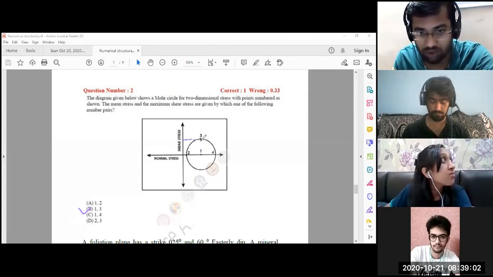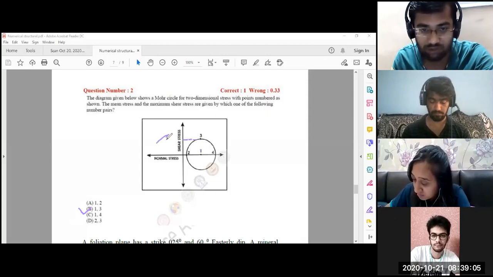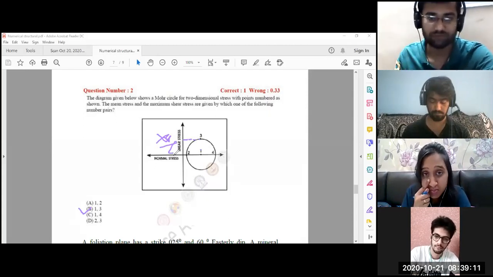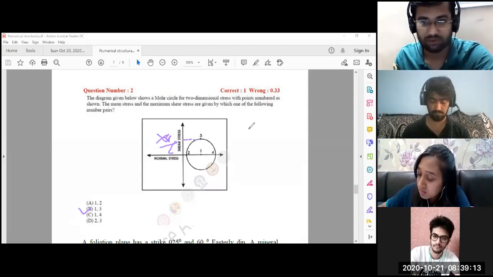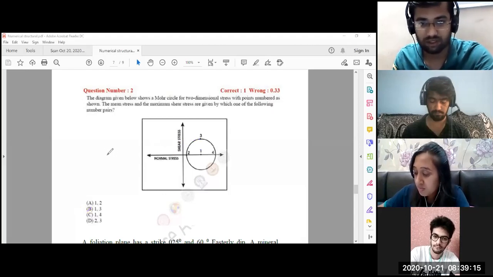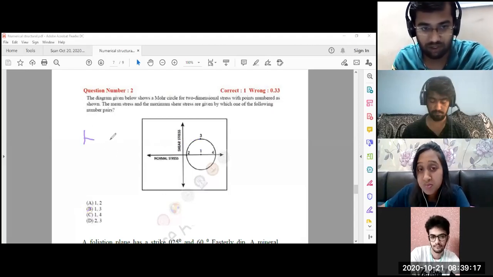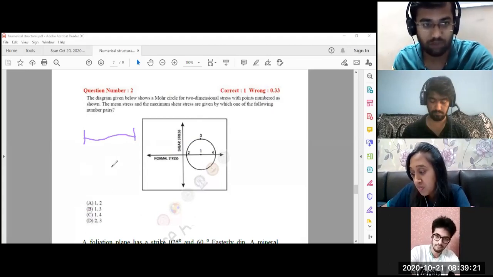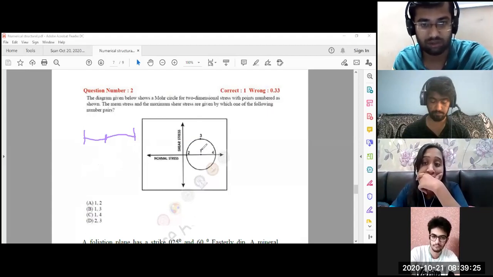If you draw a horizontal line from 3, you will get the maximum shear stress value for 3, at the top. It is like this. If you are having a number line, what is the mean point of this number line? The center. That is the reason 1 is representing mean stress.